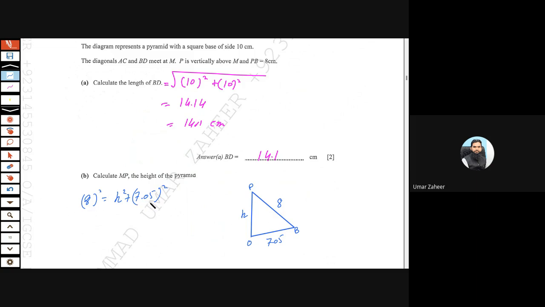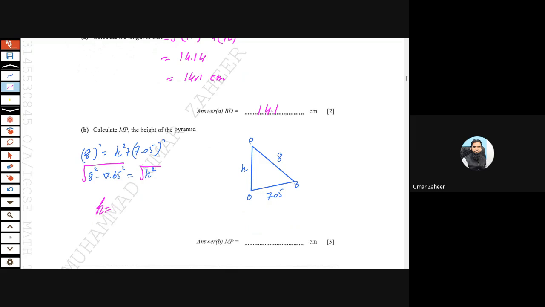Now 7.05 whole squared is positive here; on the other side it will be negative. Now I want to remove the square, so I'm going to take a square root on both sides, because we have a square on h and I want to remove it.